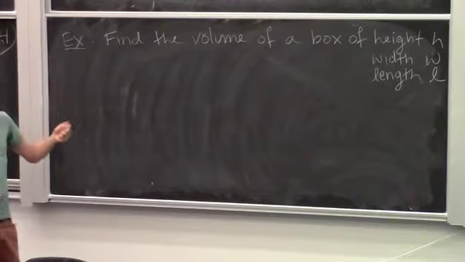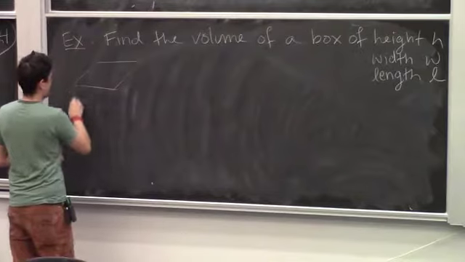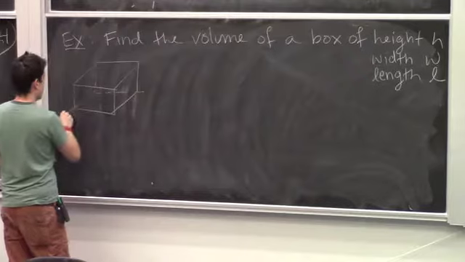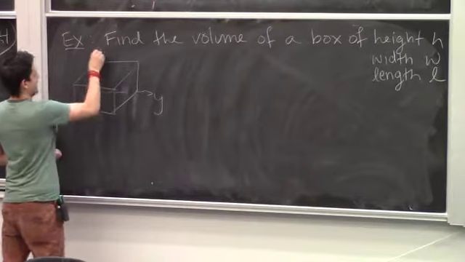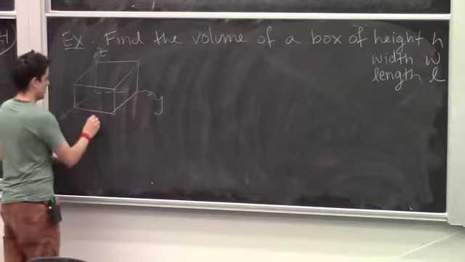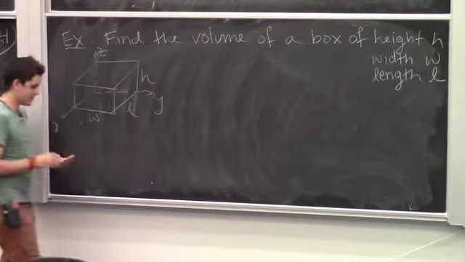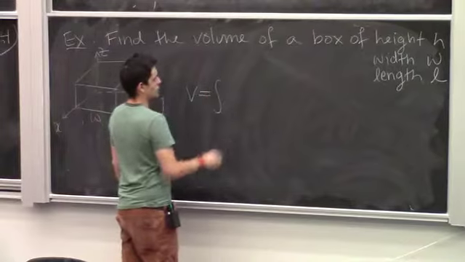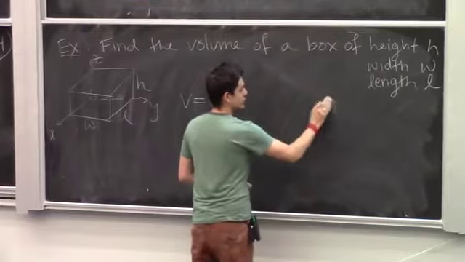Okay, so how do we calculate this with fancy triple integrals and stuff? Right, so we're going to put our coordinates on here: x, y, z. We're going to call this the width, length, and height. And then the volume will be represented the following way. So we'll go in dz first.